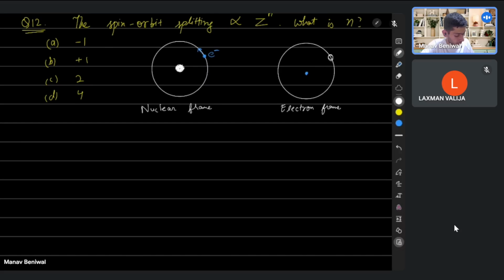But now the nucleus will appear to be rotating around the electron, like this. So now the electron is at rest, but the nucleus is orbiting the electron.